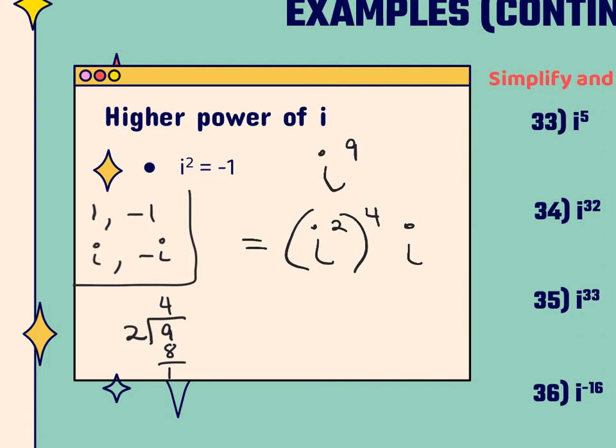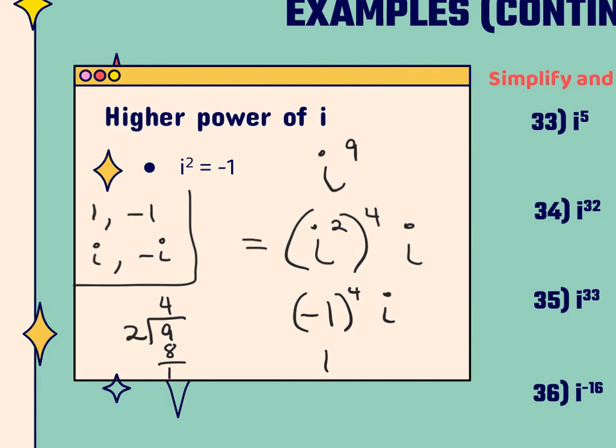I know that the value of i squared is -1, and then I'm going to raise that to the 4th power. Now the trick here is when -1 is raised to an even number power, and 4 is an even number, the answer will always be 1.